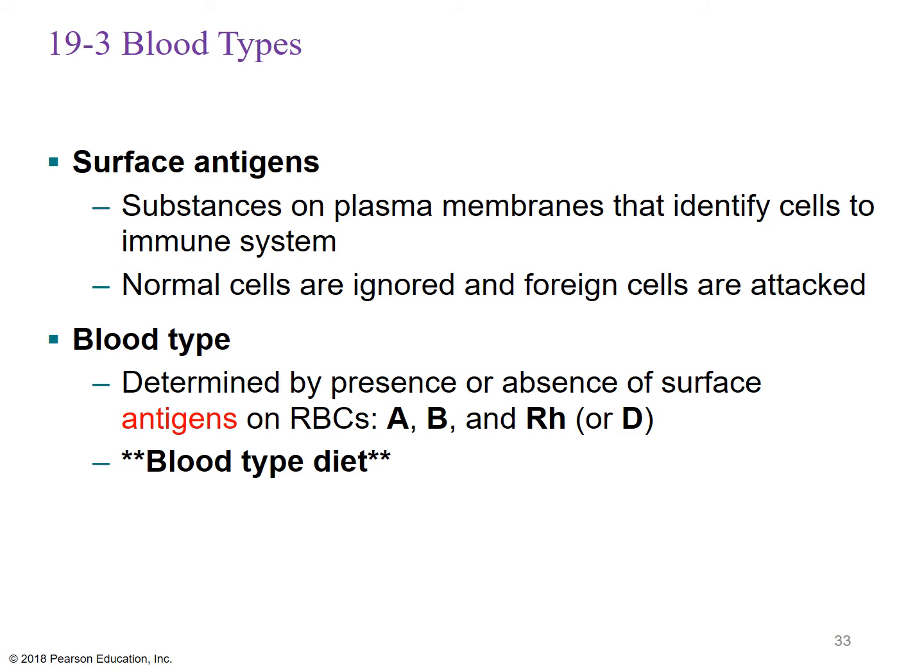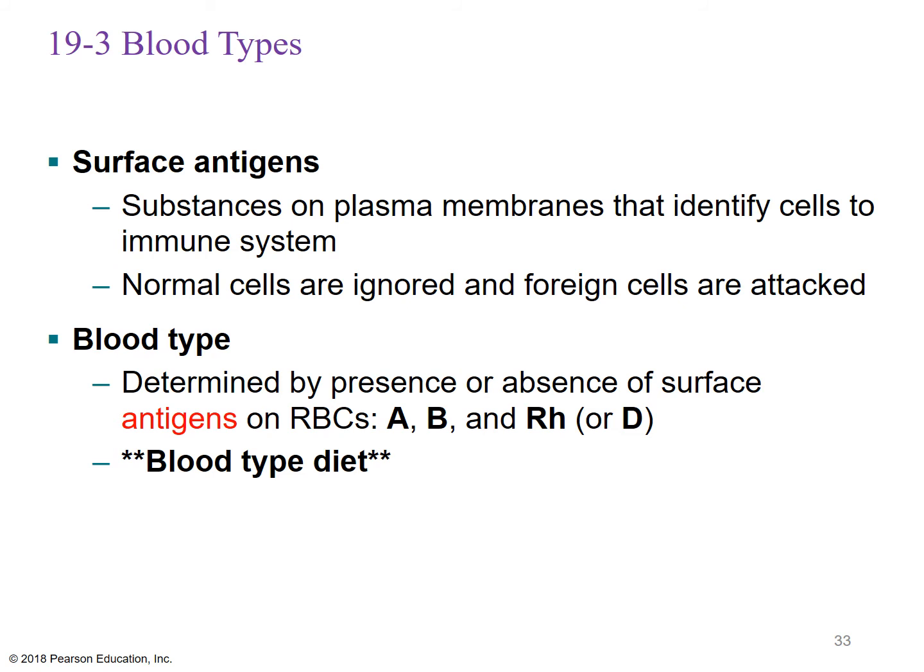Your immune system will know self versus non-self based upon the antigens that are presented on cellular membranes. So of course it will ignore the normal cells and then go and attack anything that does not match your specific antigen.